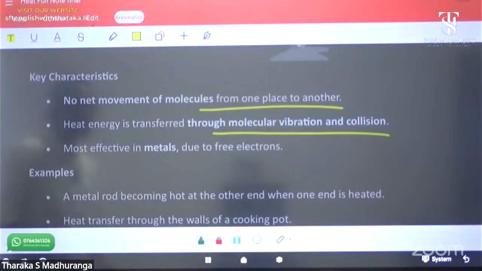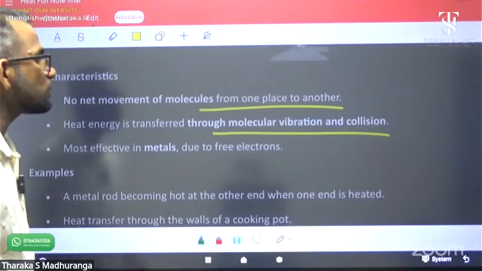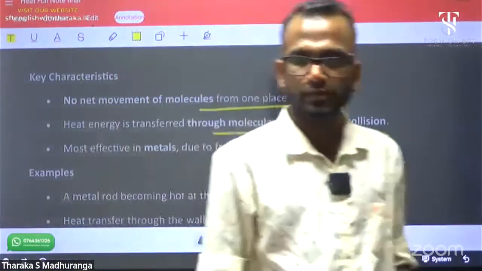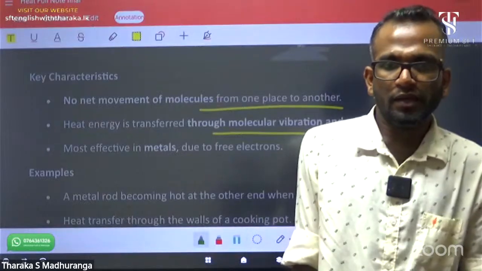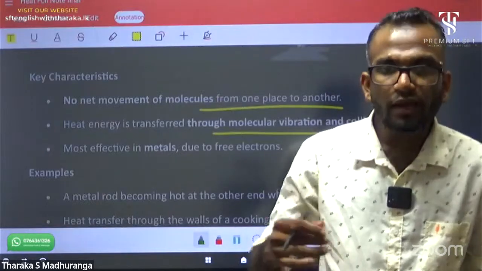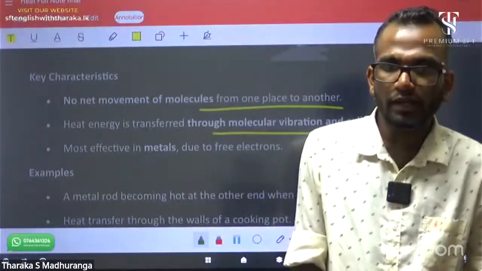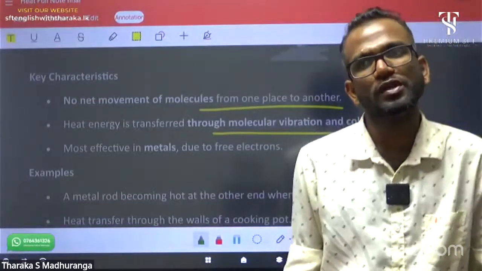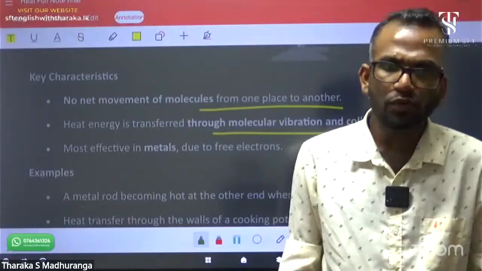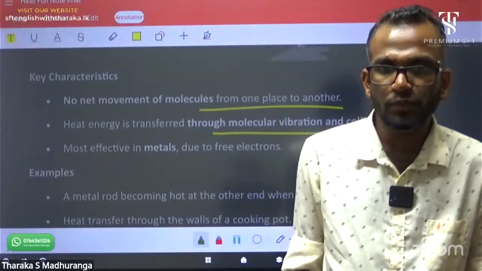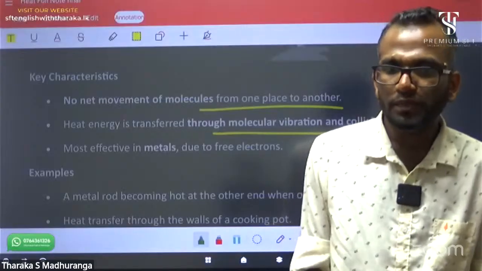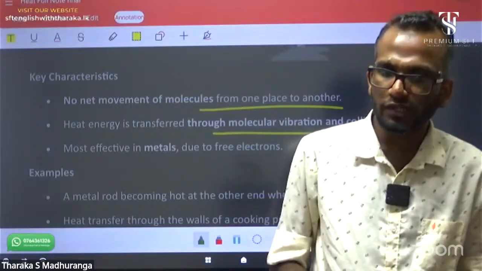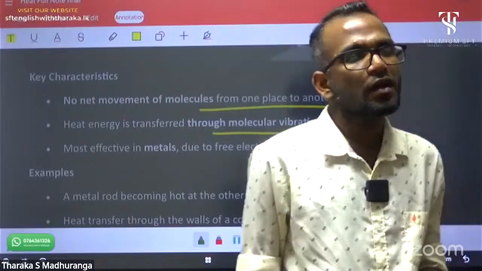Most effective in metals due to free electrons. Metal is a solid. Metals are good conductors. If you take wood, it is a poor conductor. The free electrons are very low, therefore it's very difficult to transfer heat energy.